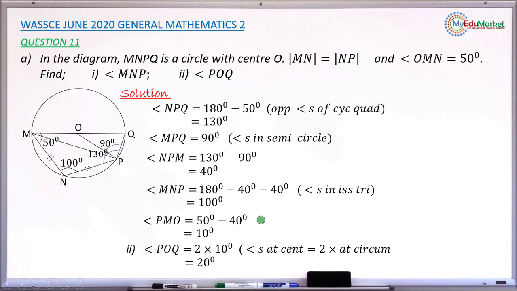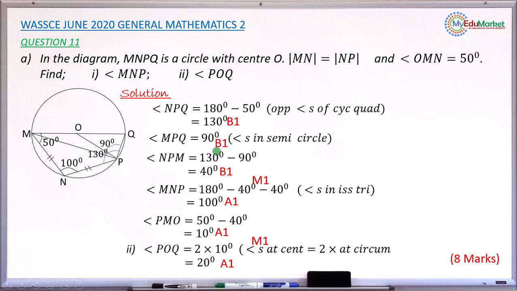Let me quickly share with you the mark distribution for this question as it is in the marking scheme. The very first mark is a bonus 1 mark for getting 130 degrees as the size of angle NPQ. Next is another bonus 1 mark for getting angle MPQ as 90 degrees.